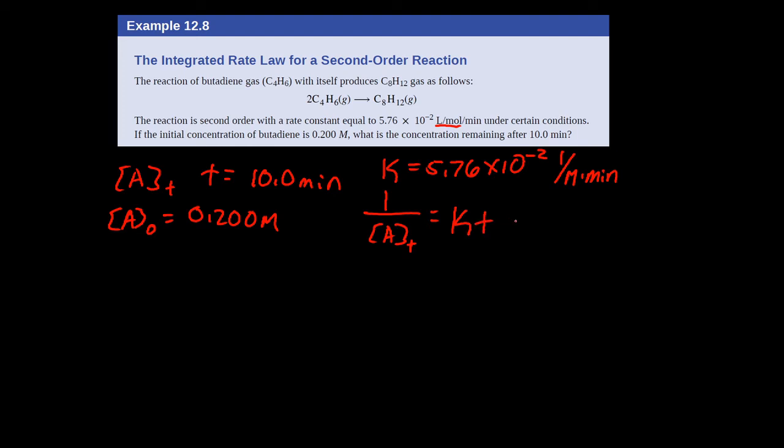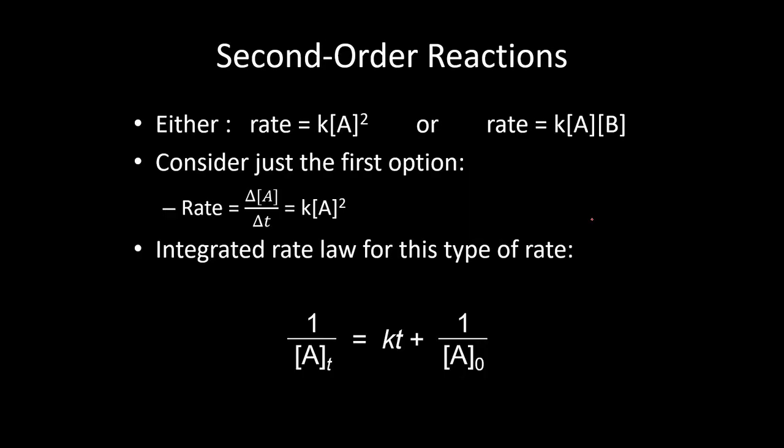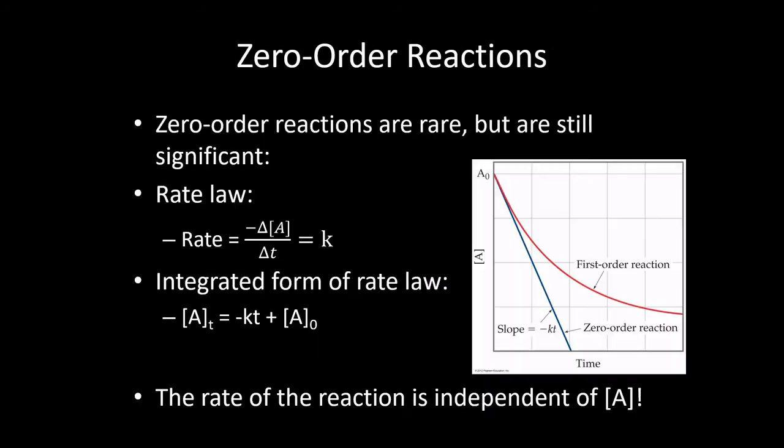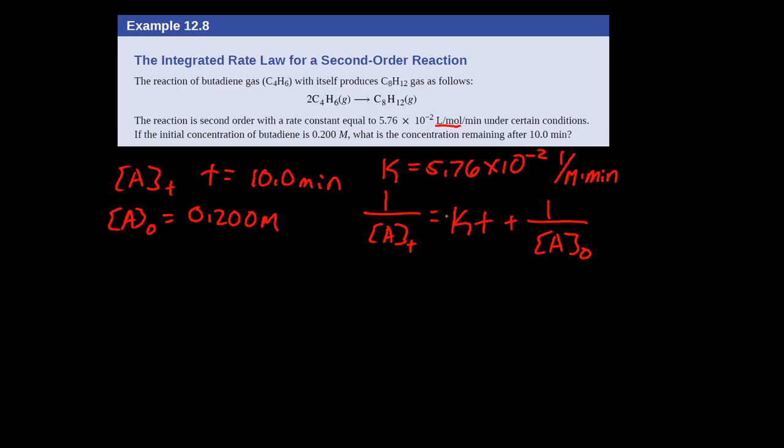If you remember the equation from a few minutes ago, so again, this was back here, the integrated second order rate law. We are asked to find that, and we're given everything else, essentially. Everything else in the equation we are just given. Really, all we have to do is realize that we are in fact given all of those things. So what we can do is just plug and chug and have a little bit of algebra to do at the end.